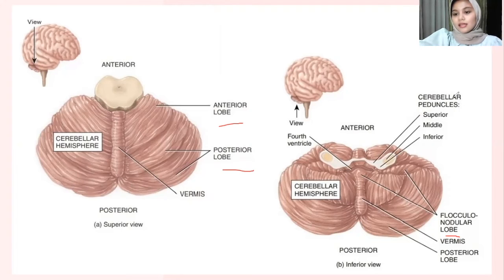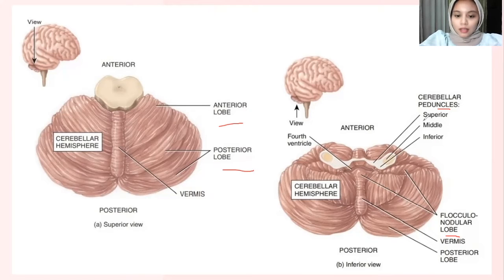The next is the cerebellar peduncles. There is a superior one, middle one, and inferior one. The superior cerebellar peduncles contain axons that extend from the cerebellum to the red nuclei of the midbrain and to several nuclei of the thalamus.